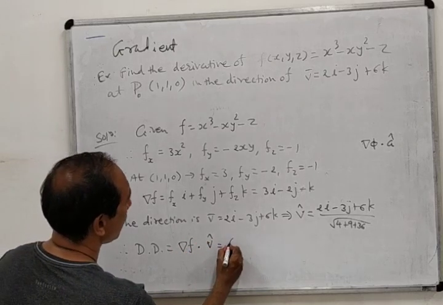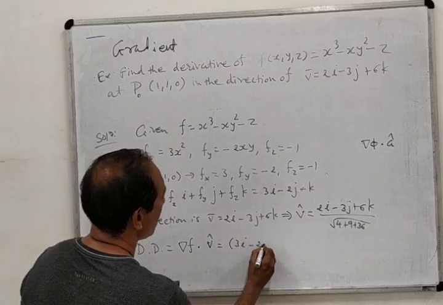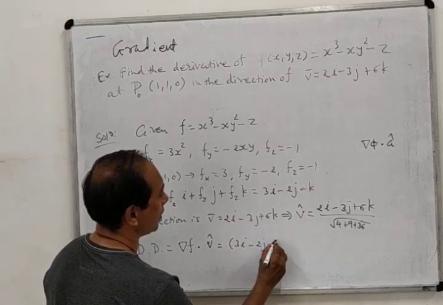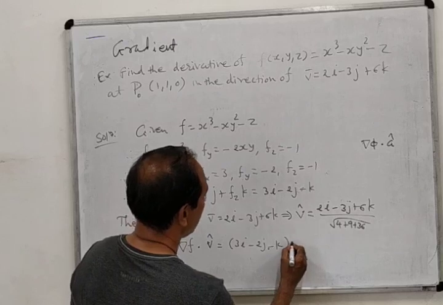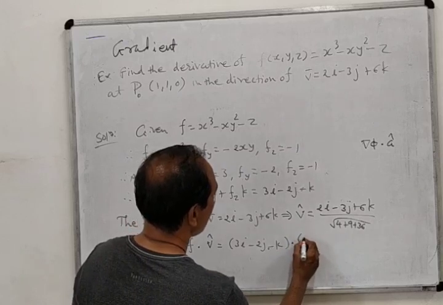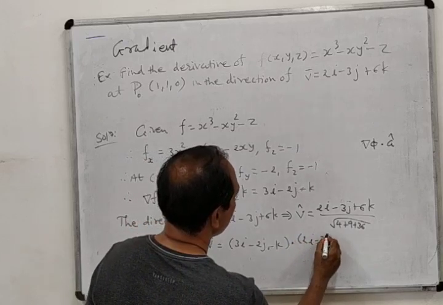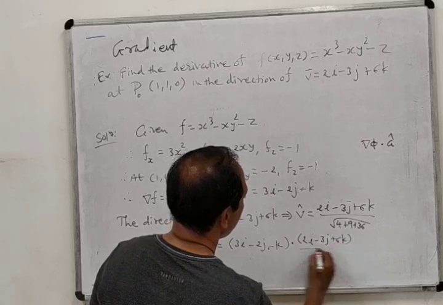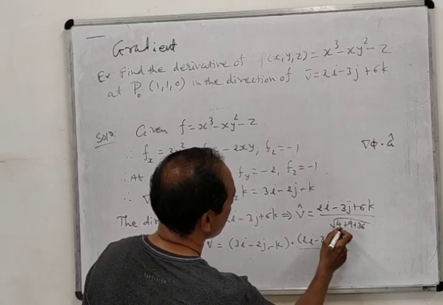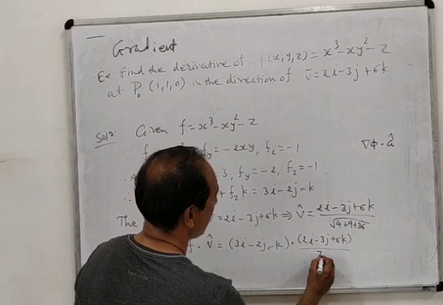Gradient of f is 3i minus 2j minus k, and dot v cap is 2i minus 3j plus 6k, divided by the square root of 36 plus 4 plus 9, which is 49, so it is 7.